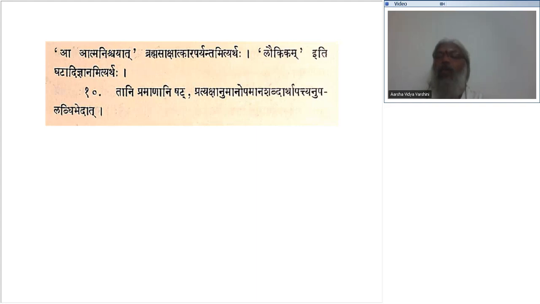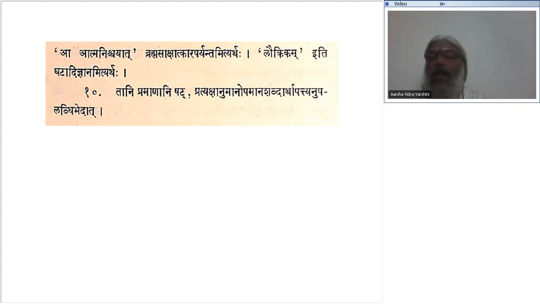So you know a cow, then you go to the forest, and in the forest you see a wild animal, which is called Gavaya. But Gavaya is similar to your cow. So you have the Pratyaksha that you are seeing an animal which is similar to a cow, and then further you gain a knowledge that this Gavaya is similar to my cow in some particular way.